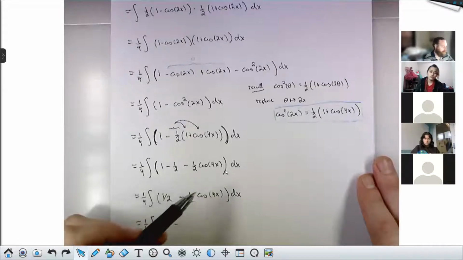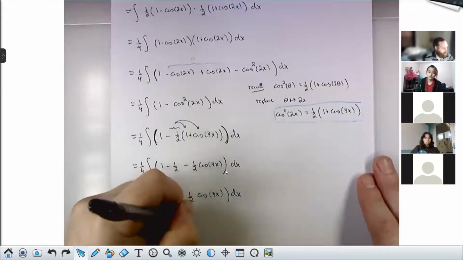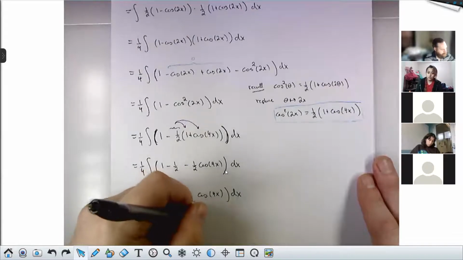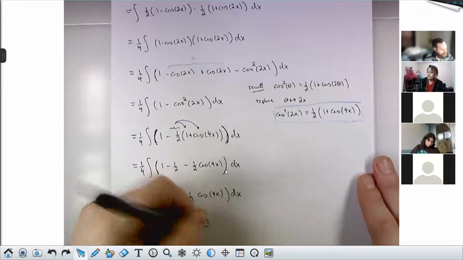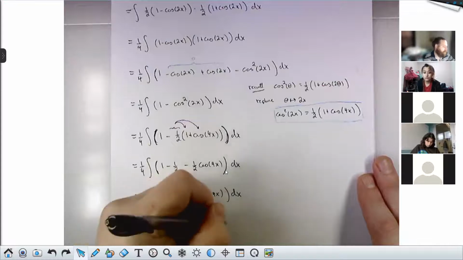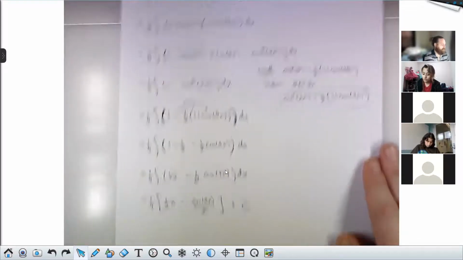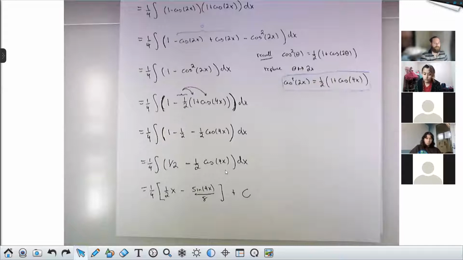So 1/2 times sine 4x over 4 is sine 4x over 8. And then we add our plus c. We could then try to break this down using double angle identities. We can distribute the 1/4 if you want. I would just stop here. This is fine for the purposes of this problem.